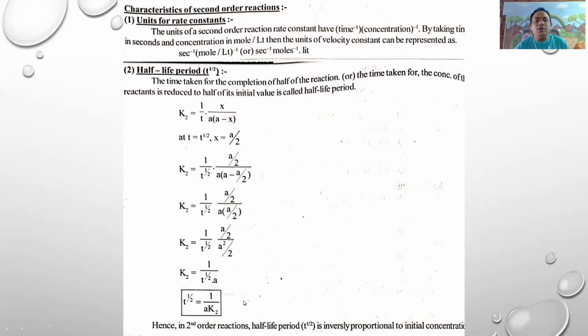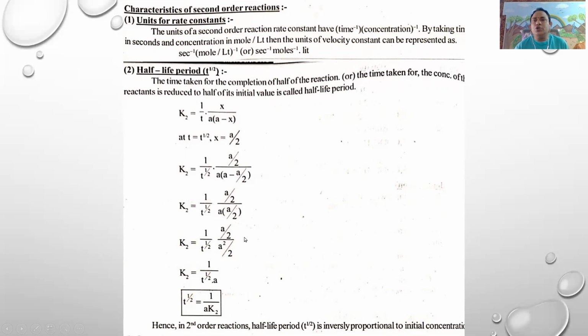In this equation, that is t-half equal to 1 by K2 a, where K2 is a second order rate constant. Therefore, t-half is inversely proportional to a. Means the second order half-life period is inversely proportional to the initial concentration of the reactants.